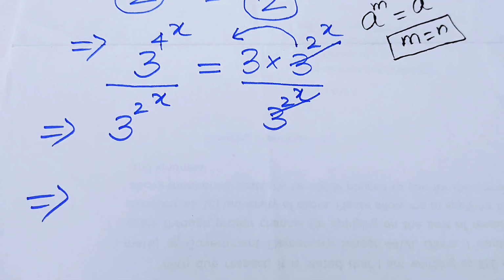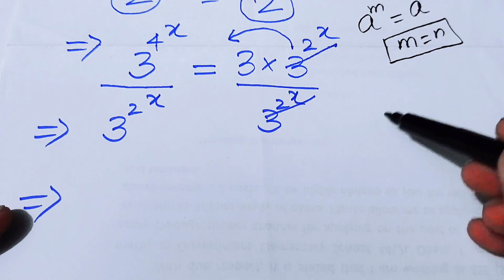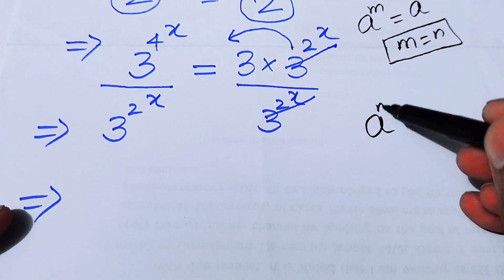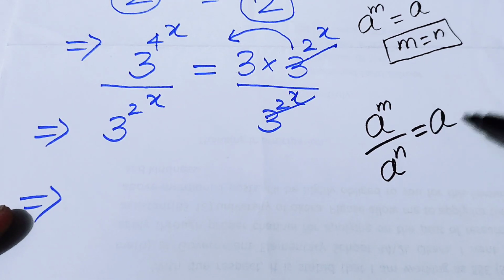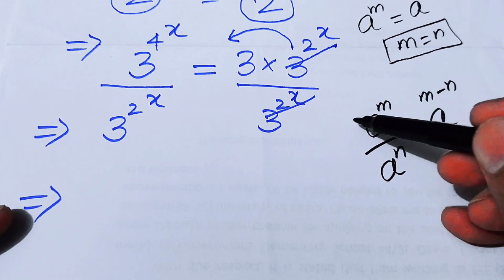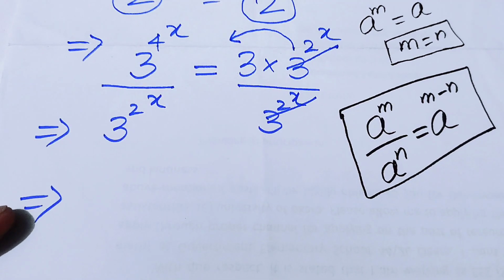And now we again apply the exponent law, and you know that if we have a to the power of m over a to the power of n, it is equal to a to the power of m minus n. Now we use this nice law.